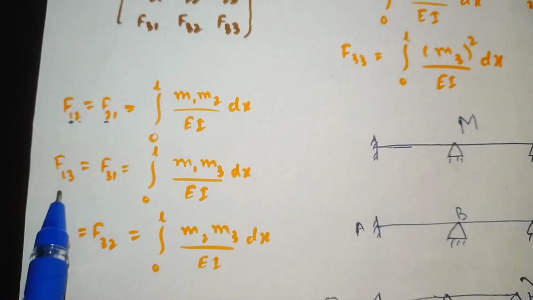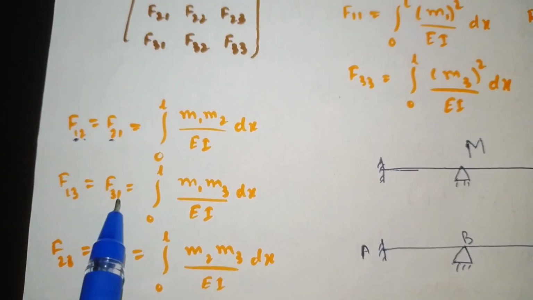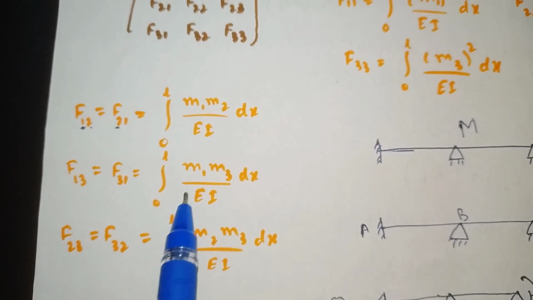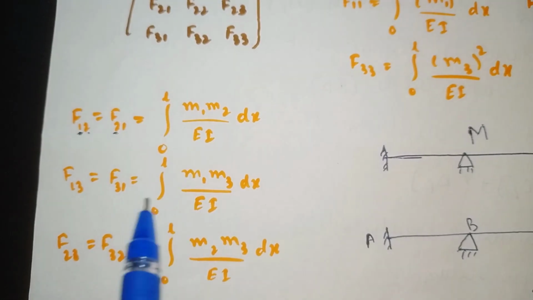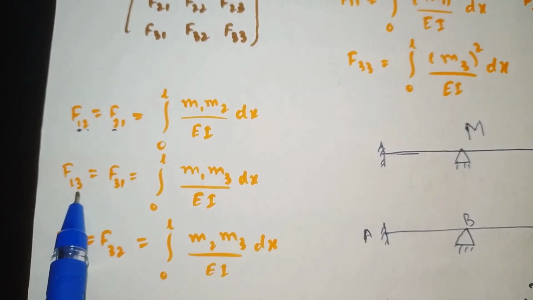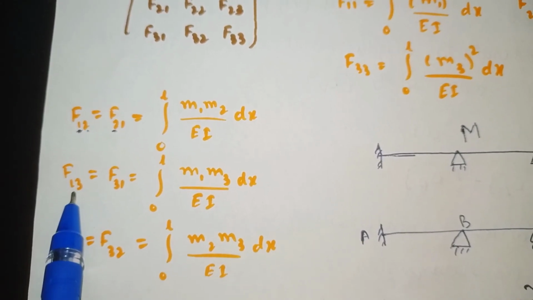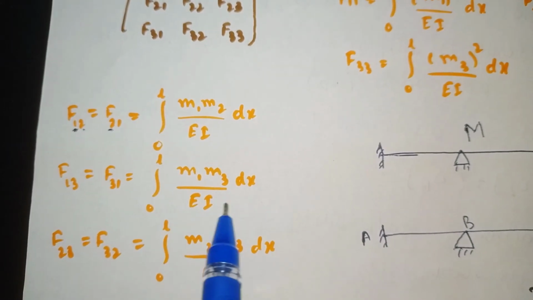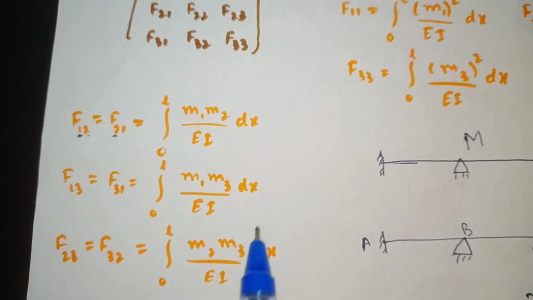Similarly, for F13 and F31 we have the same formula. Integration from 0 to L, where the first point is 1 and the second point is 3. So we need to take the moment of these two: M1 into M3 divided by EI into dx.